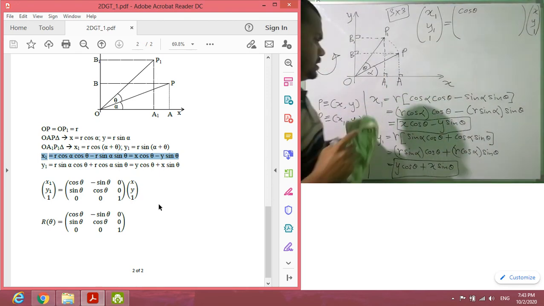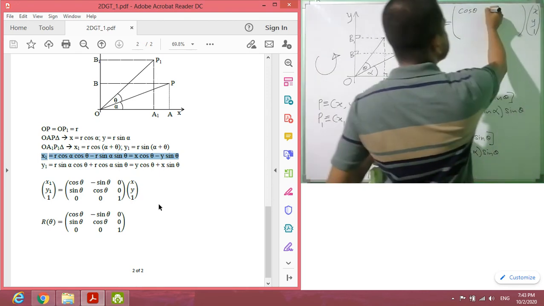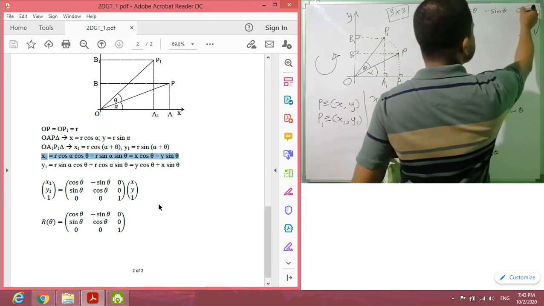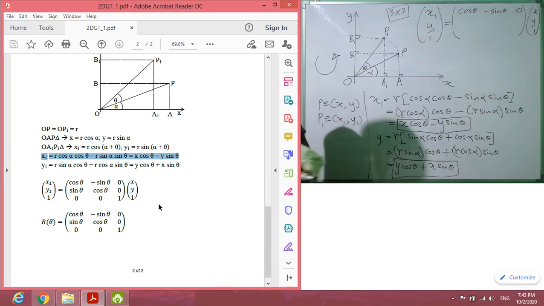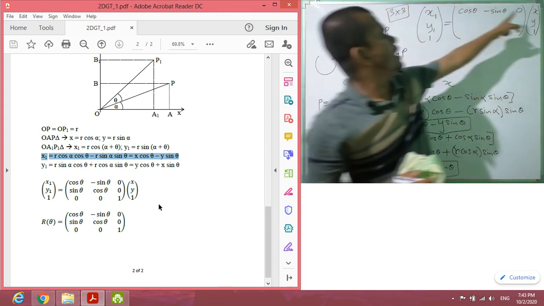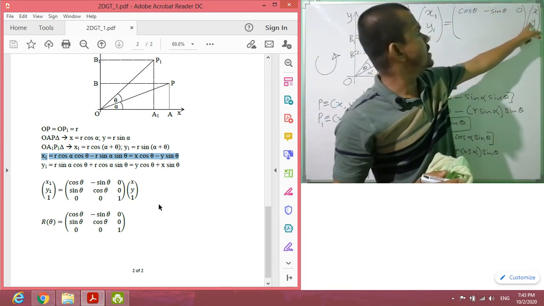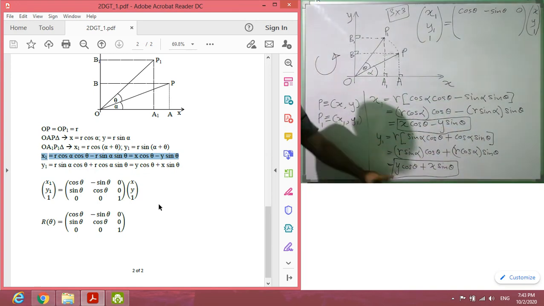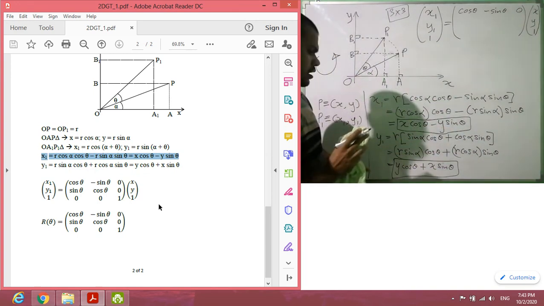The x cos theta minus y sin theta, that's all, so here we put 0. Now you will get x cos theta minus y sin theta plus 0. That means this one.